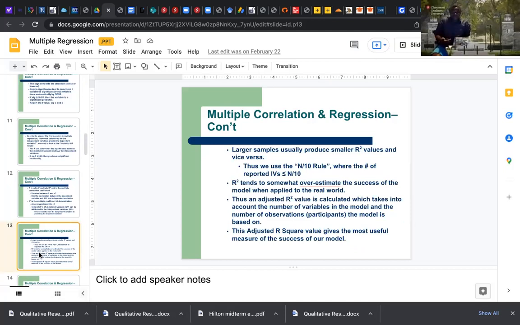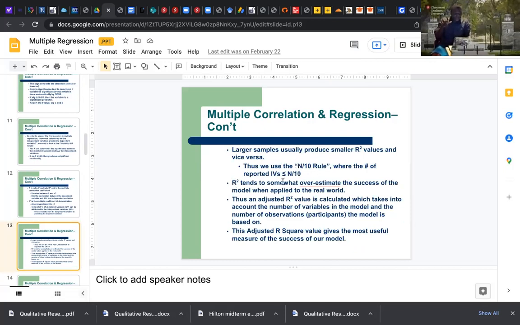In a qualifying exam, you may need to mention these statistics you are going to look at. Larger samples usually produce smaller R values, and vice versa. So you use the 10 times rule, based on the number of IVs, the number of variables you have.